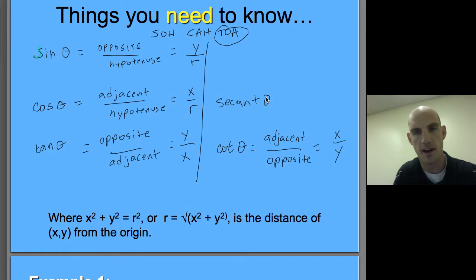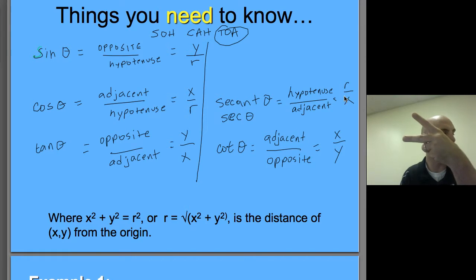Secant theta, also said SEC theta, is equal to the hypotenuse over the adjacent, which is going to be r over x. Notice I just flipped that ratio again, right? R over x.